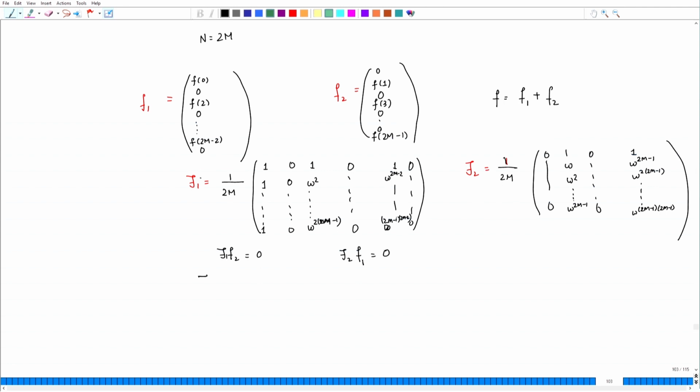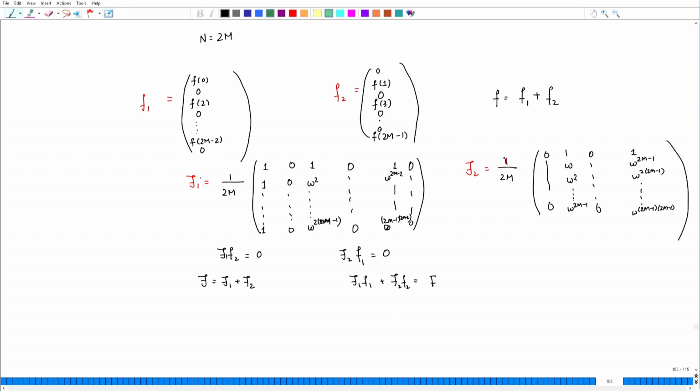Also notice that f is equal to f1 plus f2. Therefore, F1 f1 plus F2 f2 is equal to our Fourier coefficient.